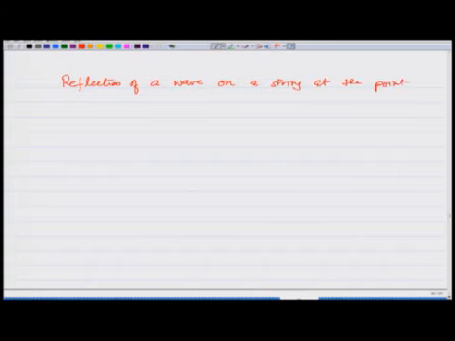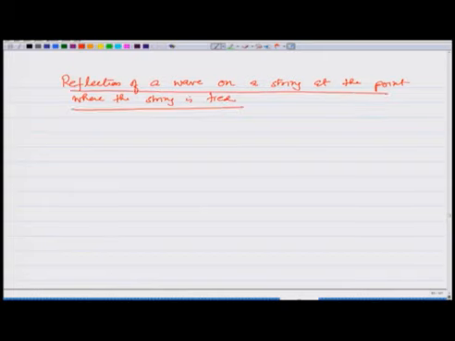So, I am considering now reflection of a wave on a string at the point where the string is tied. Okay, so the phenomenon we are considering is, here is a string and it is tied at a certain point and there is a wave that comes in.